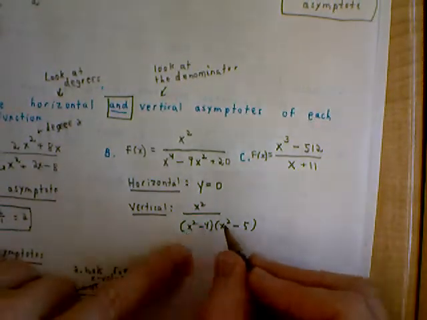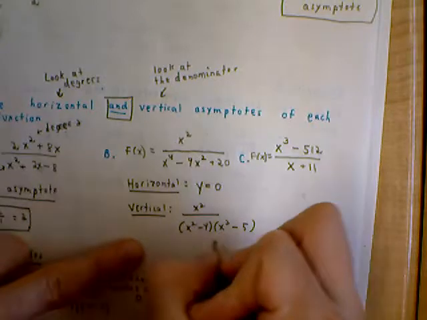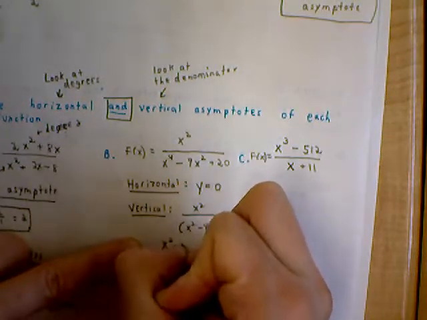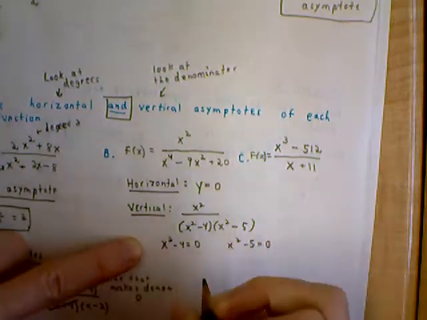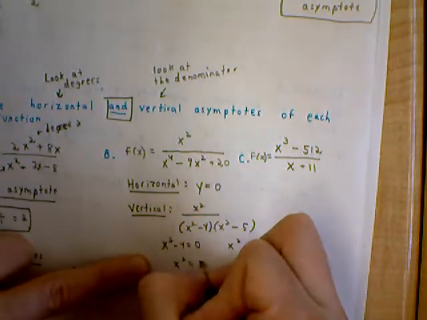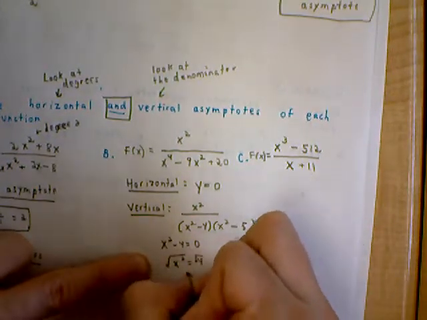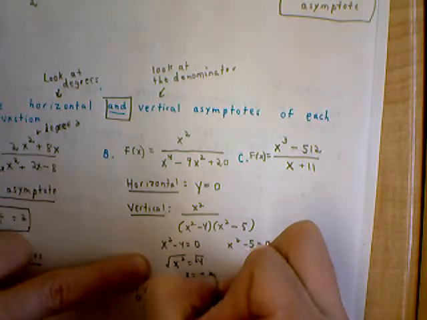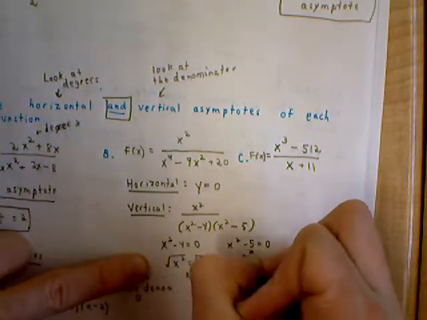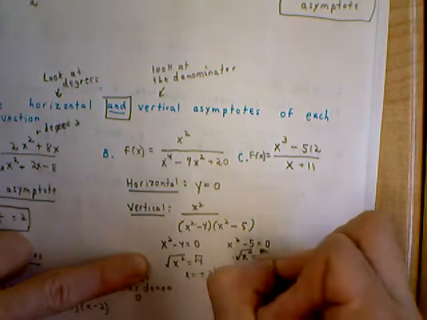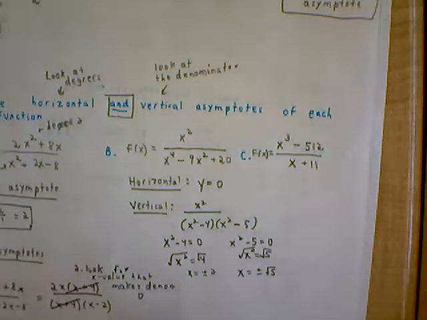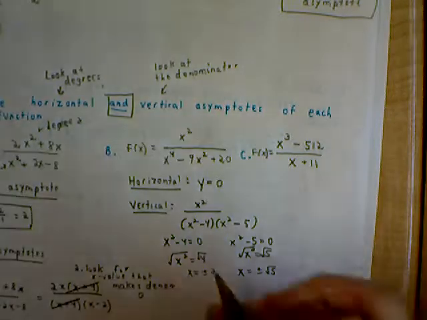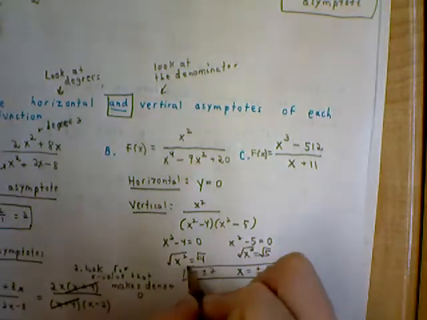I'm trying to find when these are equal to 0, so I set each one of these equal to 0. Add 4, take the square root, x is plus or minus 2. Add 5, take the square root, x is plus or minus the square root of 5. So we have 4 vertical asymptotes here. So here's our 2 answers.